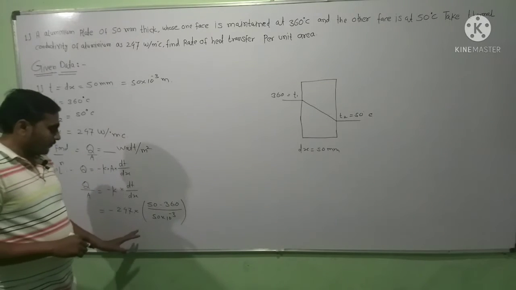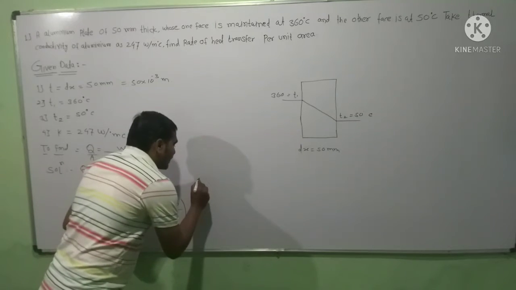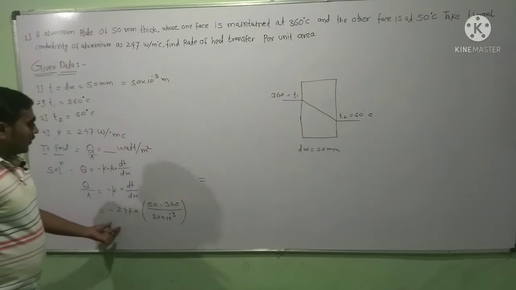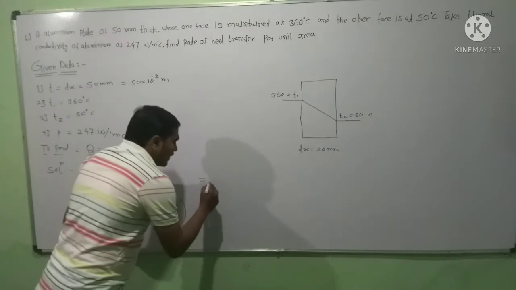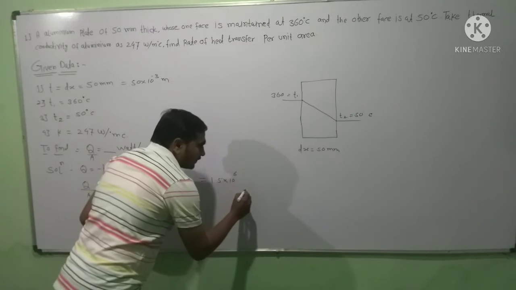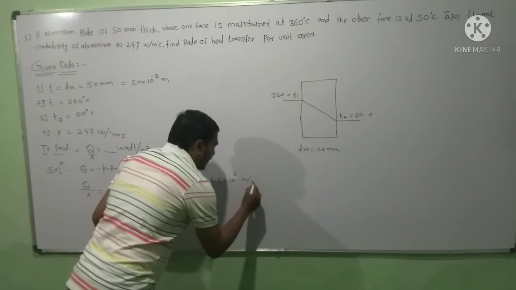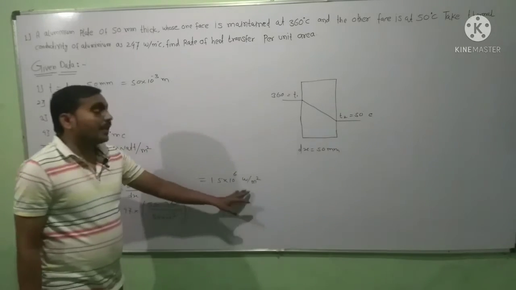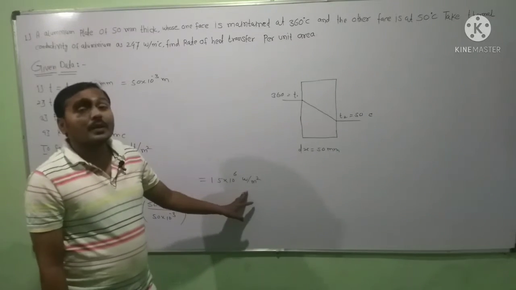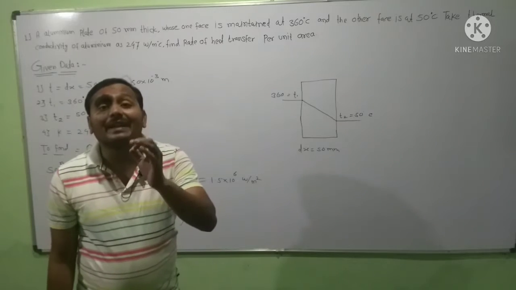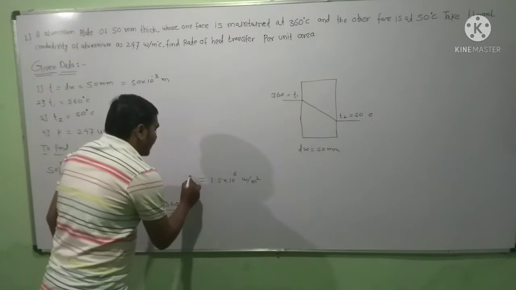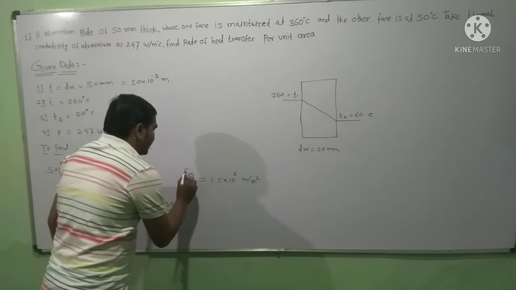Pause the video and find out the answer. I have found the answer of this numerical as 1.5 into 10 raised to power 6 watt per meter square, because what we are finding is the rate of heat transfer per unit area. That's why we obtain this answer.